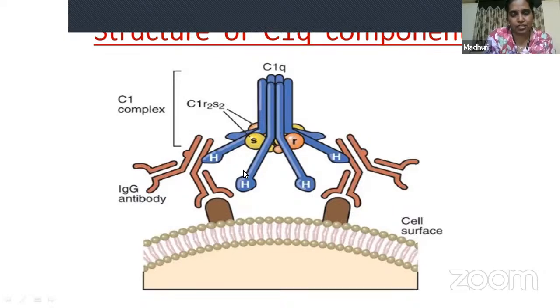Once the C1q attaches, we have 2 other small globules, that is C1r and C1s. These 2, C1r and C1s, are actually the esterase enzymes, which proceed forward. One important point I want to tell you is that C1 gets activated in the presence of calcium ion.